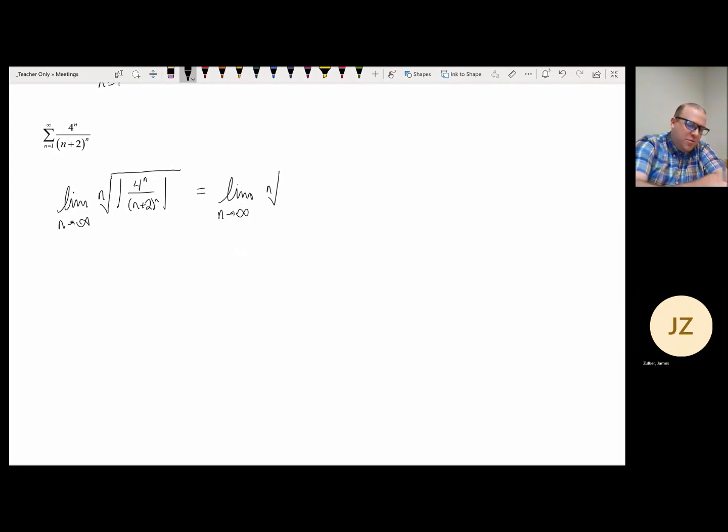We could also just do the property that lets us pull an exponent out of the absolute value. Wait, no, that wouldn't necessarily work. -3 cubed and 3 cubed are not the same.